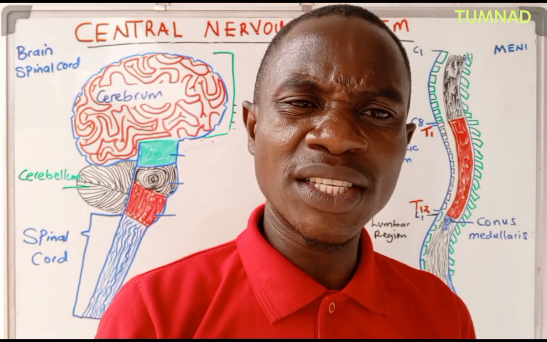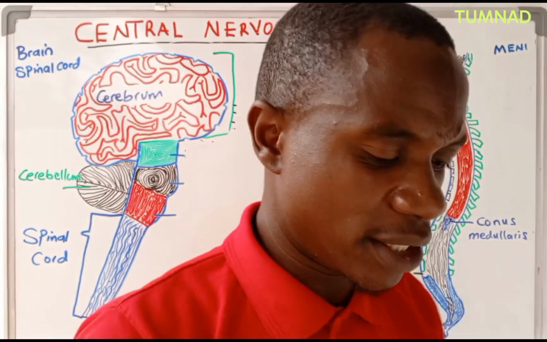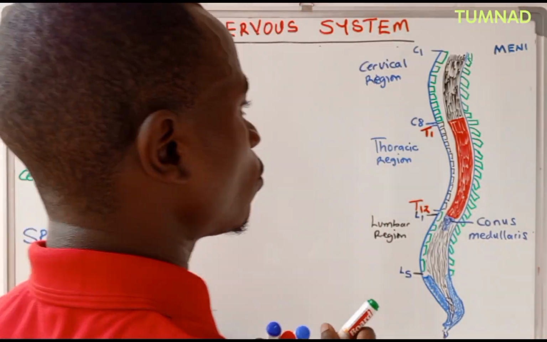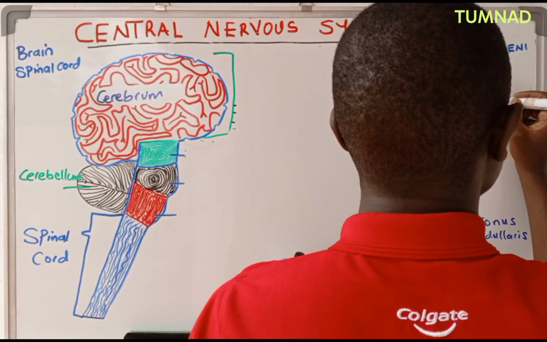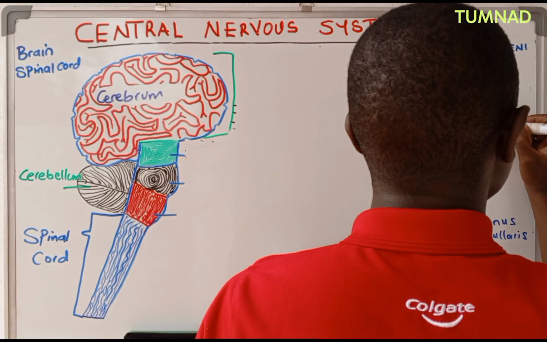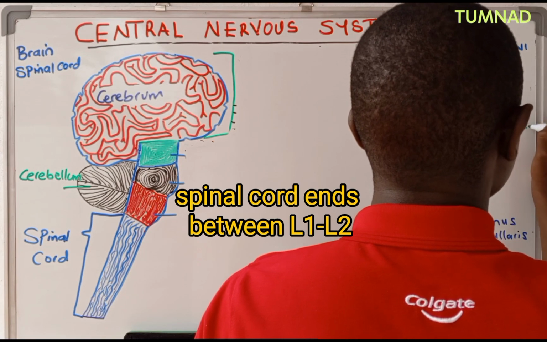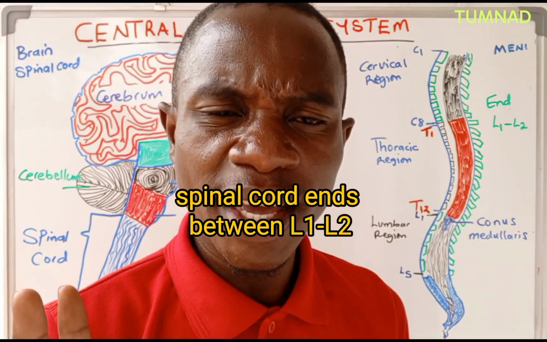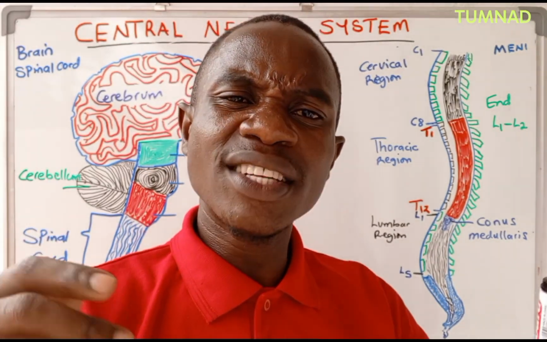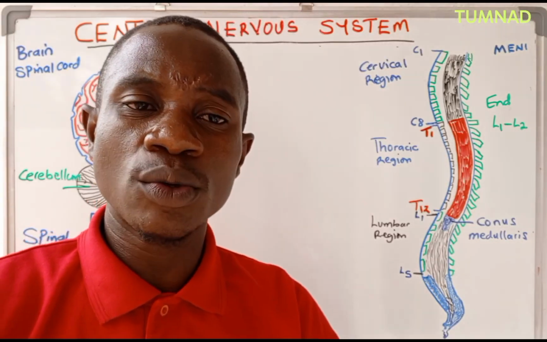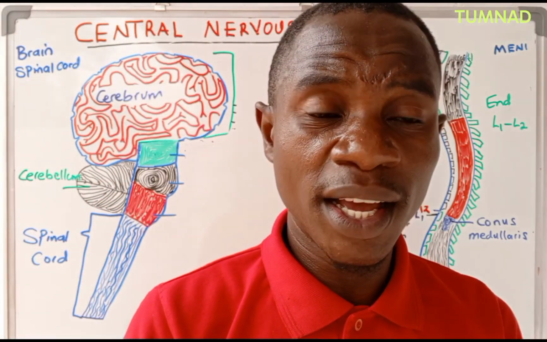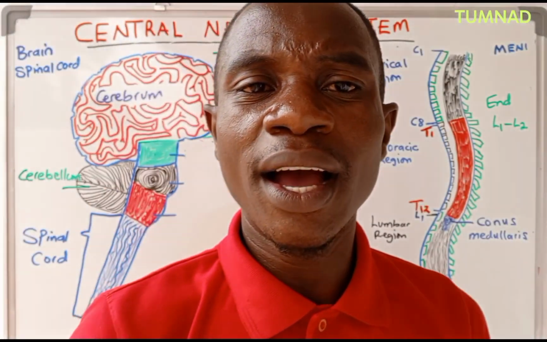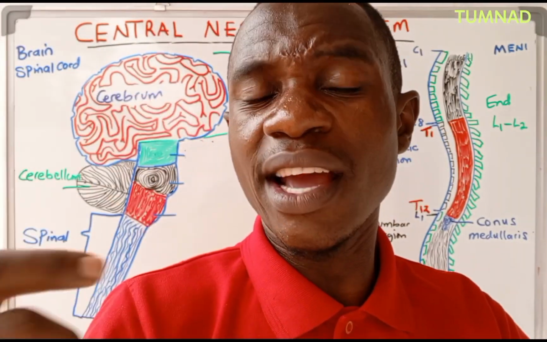Okay, but in other words, where does the spinal cord end? The spinal cord generally ends between L1 and L2. That is the end point of the spinal cord. Okay, it means if you want to collect a sample of cerebrospinal fluid, you are not going to target this level, you're going to target L3 and L4.